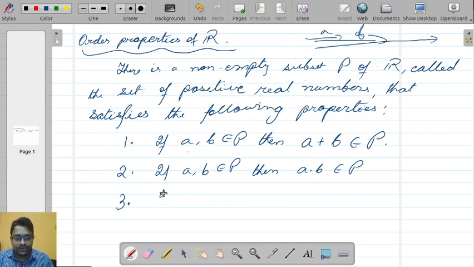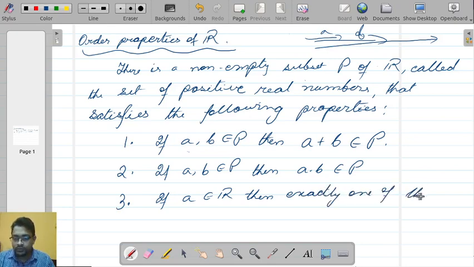And the third one is: if A belongs to R, then exactly one of the following holds.